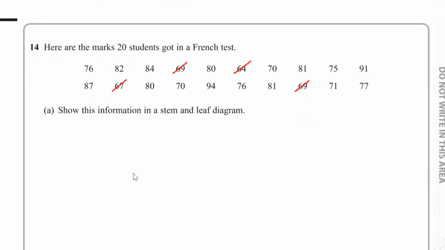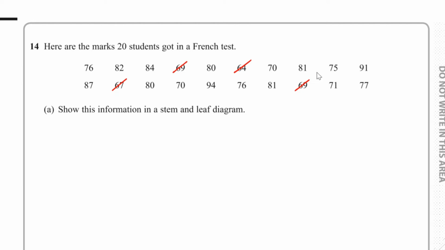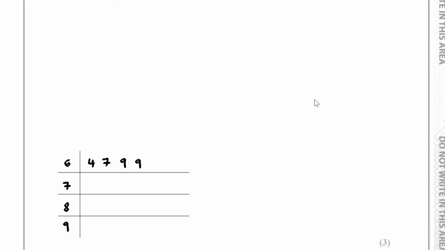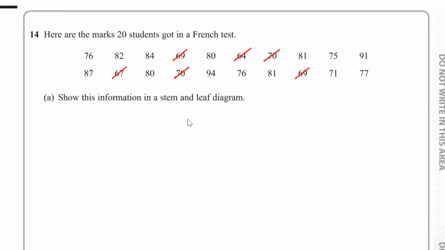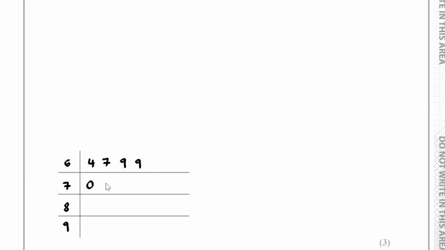And then we have in the 70s, the smallest one is this 70. So we can cross that off. So here we've got 70. And then we've got another 70 over here. So let's write down another 0.